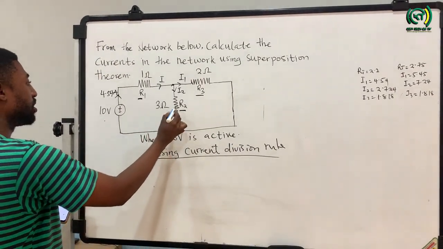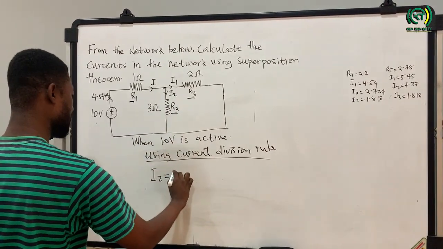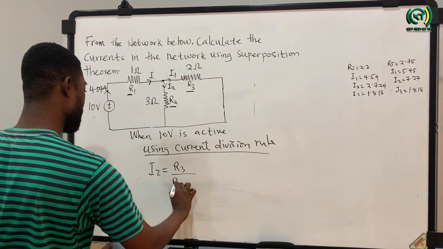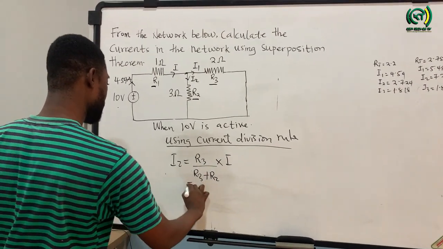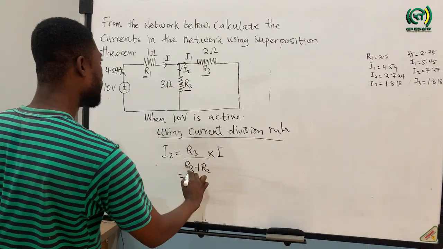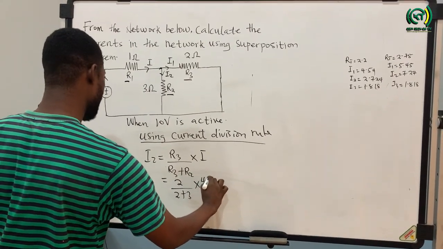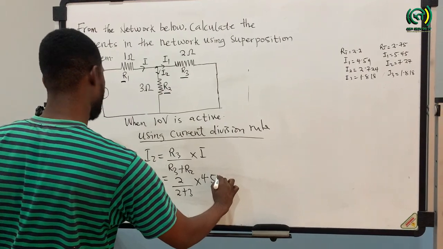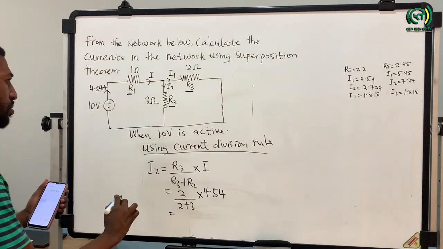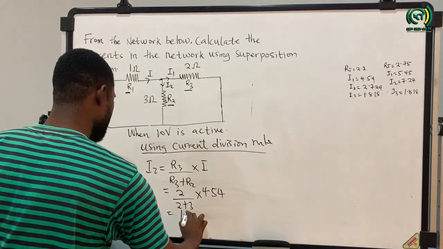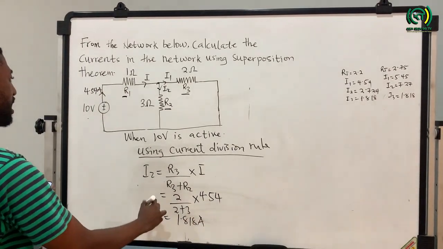To calculate the current flowing through resistor R2, we have I2 equal to R3 over R3 plus R2 times the source current, which is I. So we have 2 over 2 plus 3 times 4.54 amps, and here we are going to have a current of 1.818 amps, which is the current flowing through resistor R2.